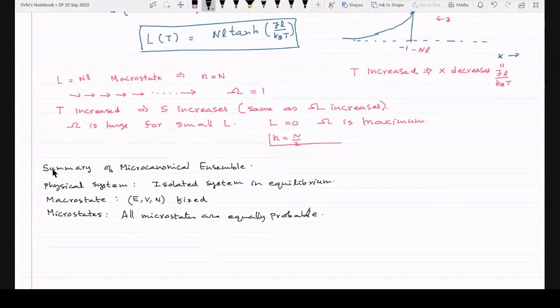And the dynamical justification comes from what is called the ergodic hypothesis.